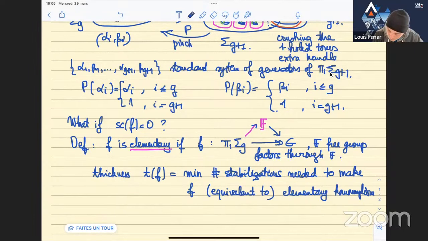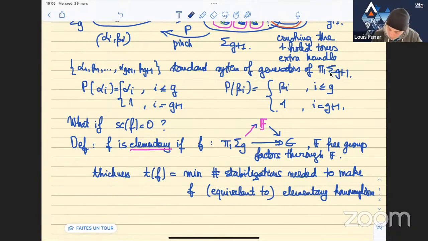So there always exists, by Livingston and Zimmermann, a number of stabilizations such that it will become equivalent to one which is elementary, and of course that means it is elementary itself. So this is not really needed equivalent.